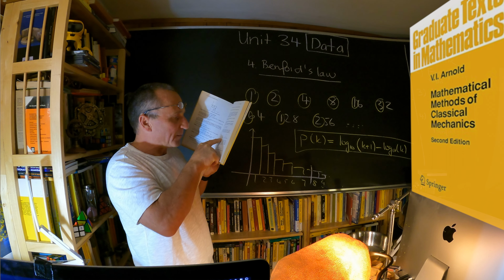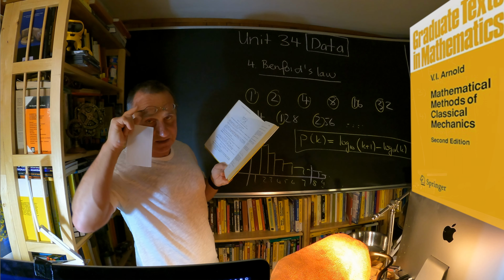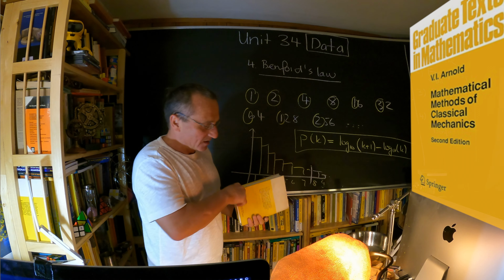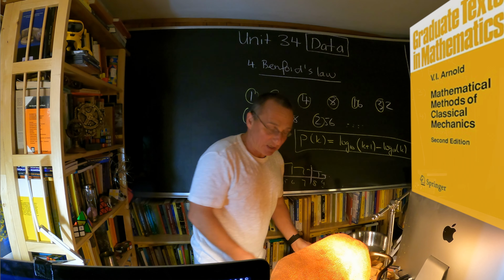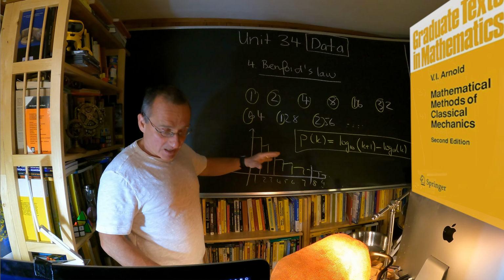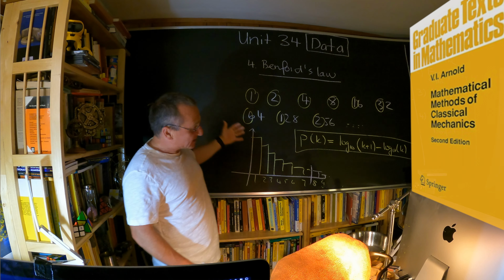The number 7 appears with frequency (log 8 minus log 7) over (log 9 minus log 8) times as often as the number 8. So it is quite an old story, and Benford was not actually the first one who realized this. But it's a very interesting thing.